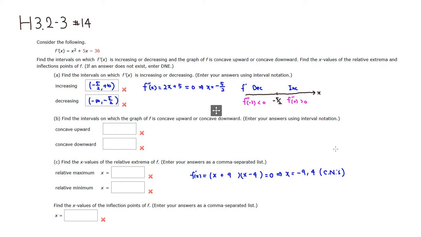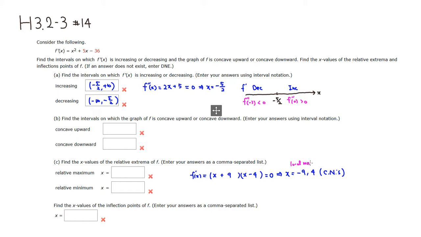So we got that. Then we know that negative 9, looking at this number line, is smaller than negative 5 over 2, so we're going to have a concave downward. By the second derivative test, this is going to give you a local maximum, since it's concave downward.